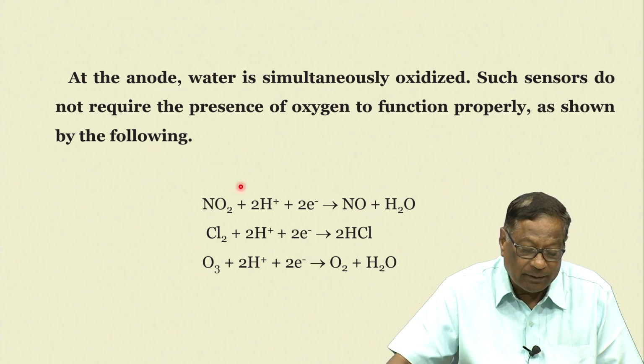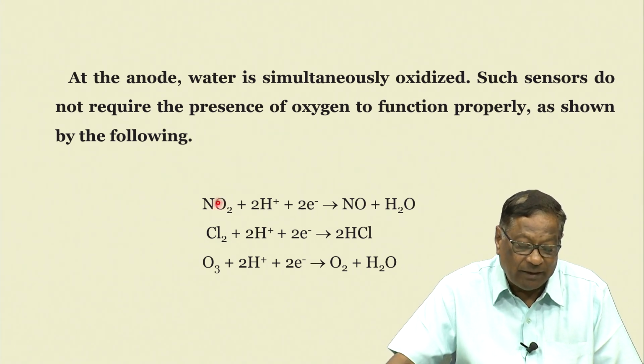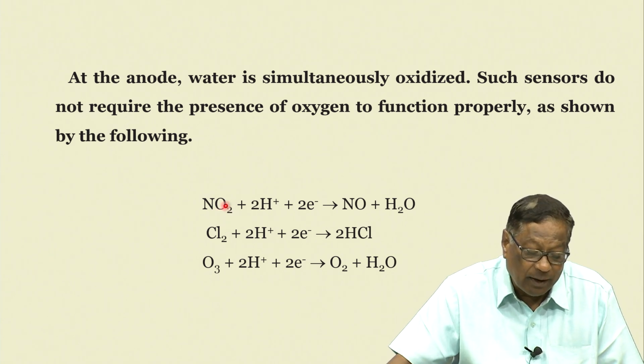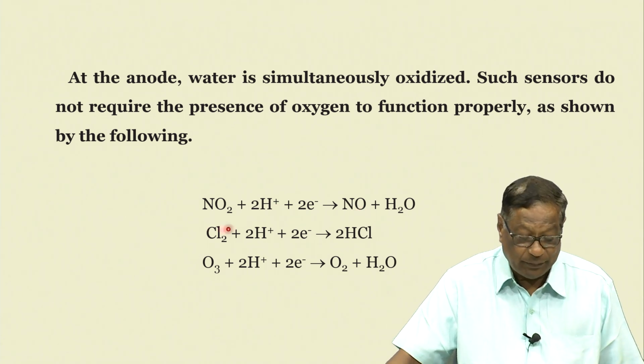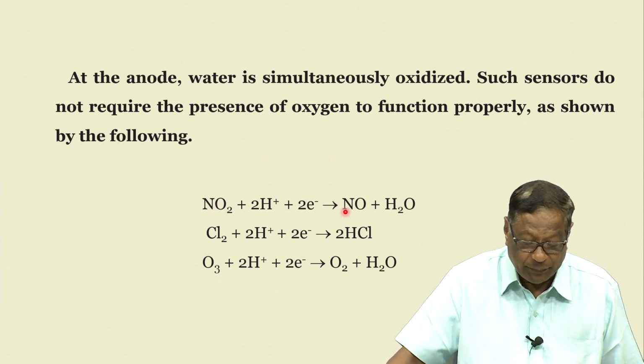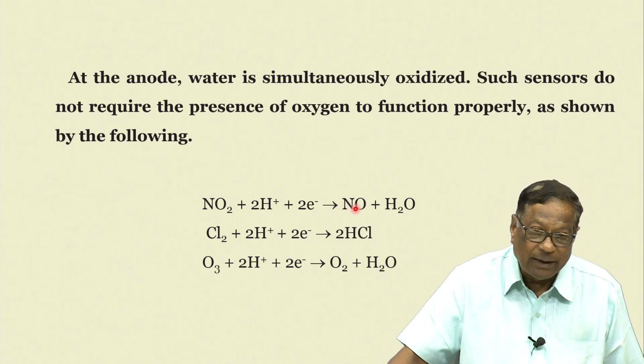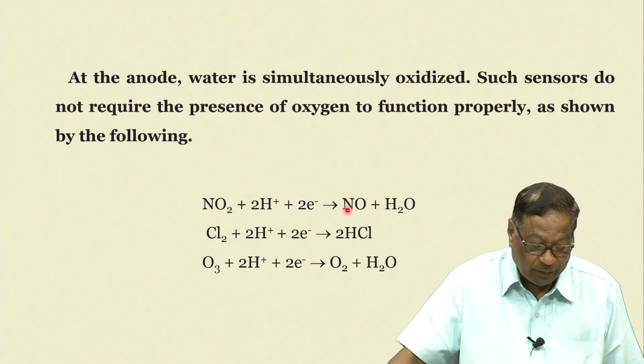And just for your information, in NO2 the valency of nitrogen is 4 and the reduction reaction with hydrogen occurs giving you NO, that is valency of 2. So, 4 to 2 valency reduction is possible in the case of nitric oxide.